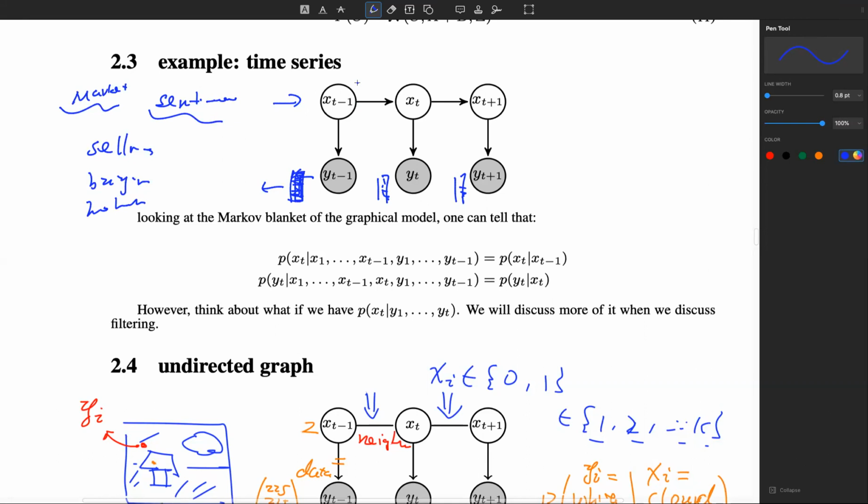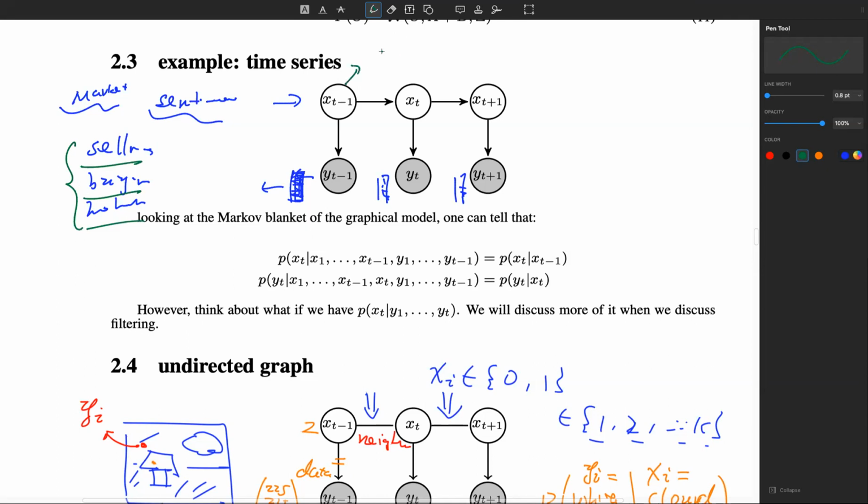You're assuming there is a market sentiment there, but you cannot observe it directly. By the way, this is something I made up in the last 5 seconds. It might not relate to how you actually predict the stock price, but in my opinion, nobody can predict the stock price anyway. But anyway, this is the market sentiment.